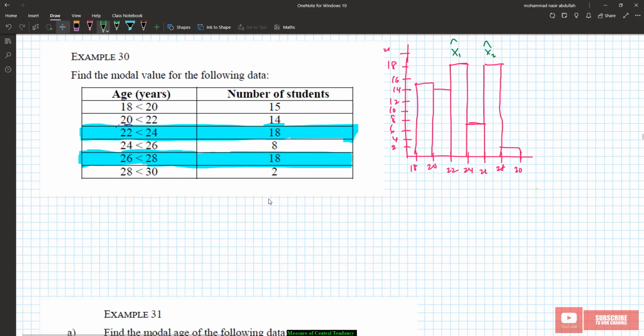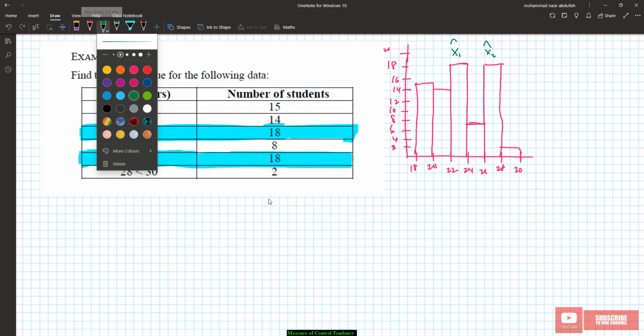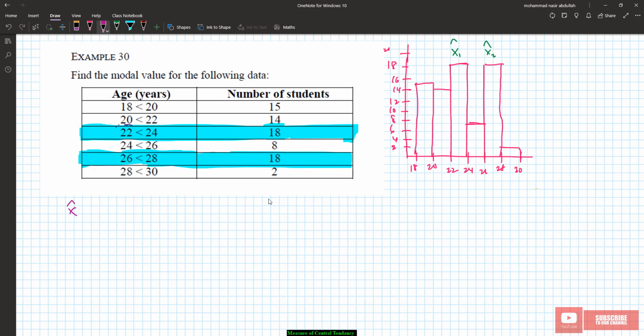Mode number 1. Since we already have the class boundary, we don't need to worry much.